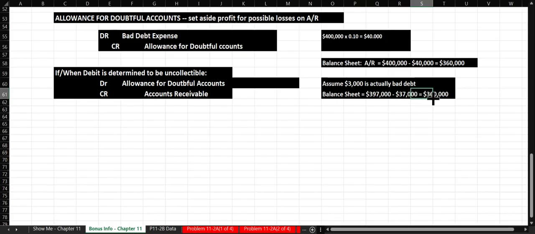And my allowance is now $37,000 because I used up 3,000 from that. And so my net is $360,000. Notice, and we're not going to go into too much of this, that it doesn't change your net receivable at this point because we offset one thing with the other, so the net would still be the same.